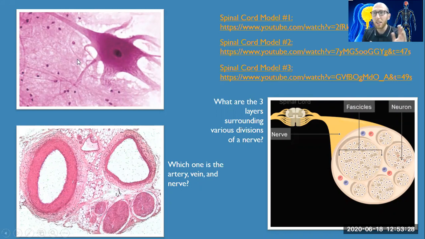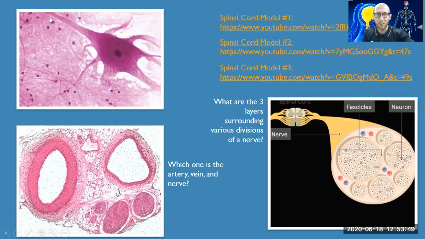Here we've got a little bit of histology, continuing with our theme of histology of a neuron. So here we can see a neuron. As it extends out, we would have the cell body and the nucleus with all the dendrites extending into an axon right here.